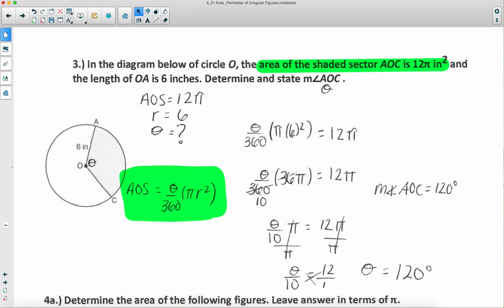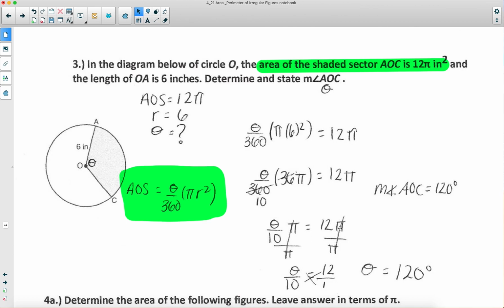All right, well, I evaluate 6 squared is 36, and then I like to simplify. 36 goes into 360 10 times, so the 36 then becomes a 1. So now I have theta over 10 times pi equals 12. Now, pi is on both sides, so essentially we could say it, quote unquote, cancels out. Remember, cancels out means it really is dividing by itself and then turning into 1.